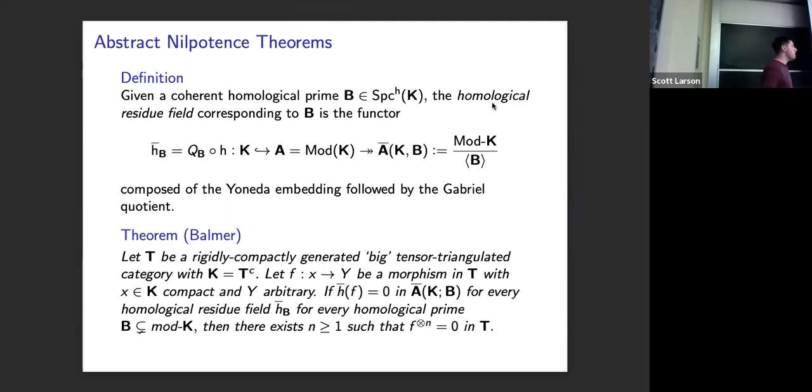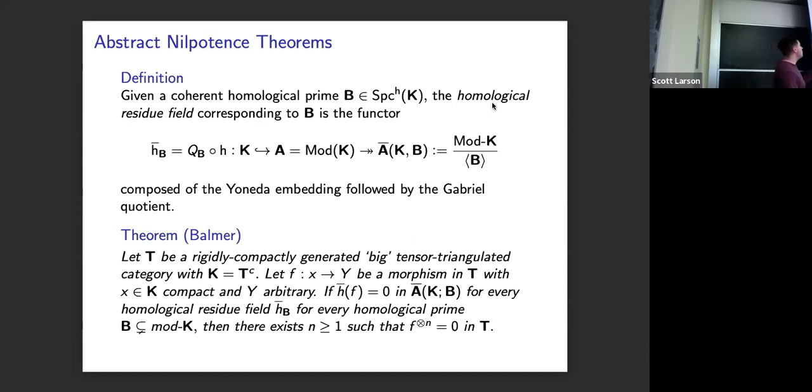Okay, so the reason I think that these homological primes, these maximal Serre tensor ideal subcategories, were introduced in the first place was for stating abstract nilpotence theorems in tensor triangulated categories.